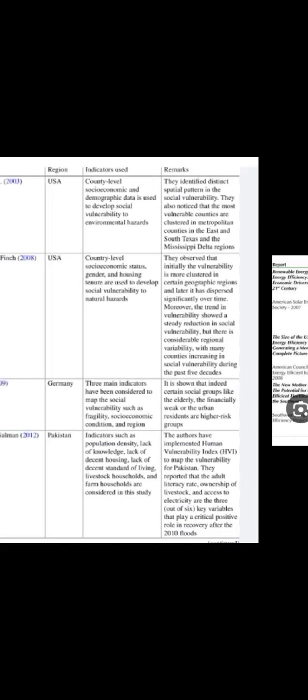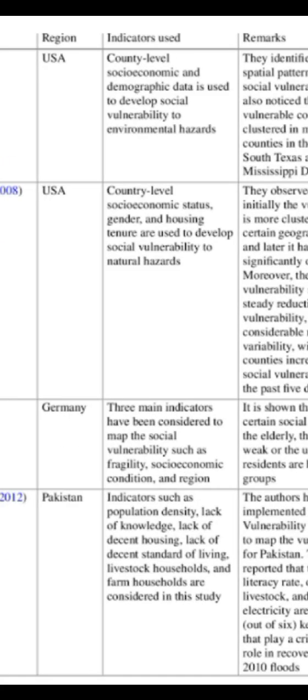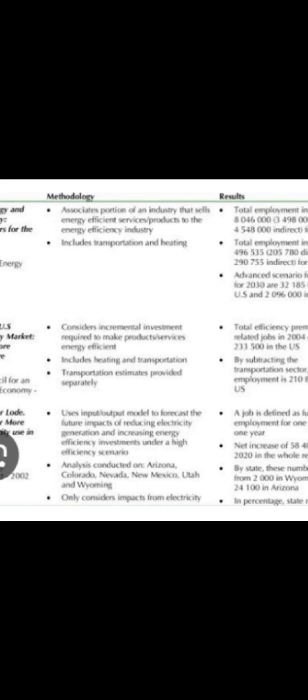It's peculiar to the work of the person that is doing this particular thing. Do you understand? So we have a method here, methodology. In our previous literature map, I hope you can see, indicators used. These indicators used just consist of the variables that are used. But in this methodology, of course, you are going to talk about the variables a bit, and then the method of data analysis, the method that is used to analyze those variables.